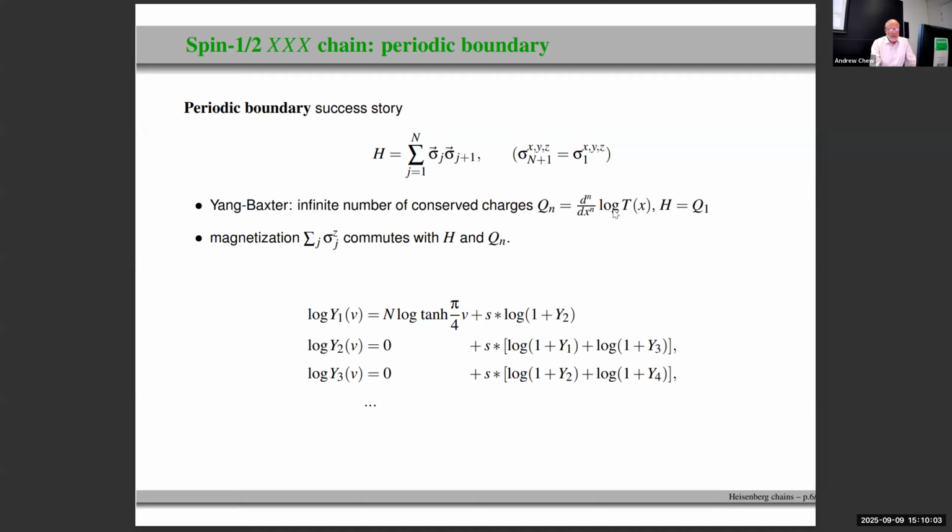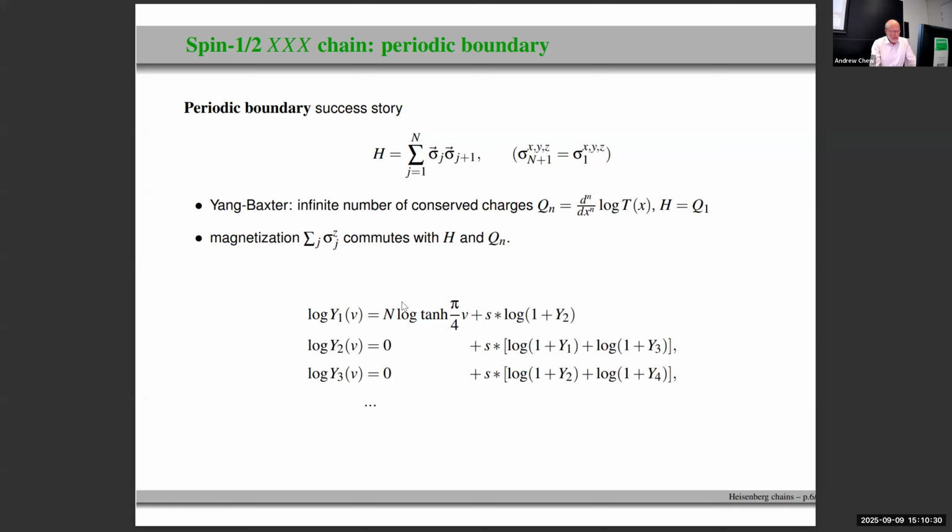But for the technique of calculating eigenvalues by the T and Y systems, or by these functional equations, we introduce not only the T, which is T1, we introduce T2, T3, etc. And then we derive this set of nonlinear integral equations. They look practically the same as before.